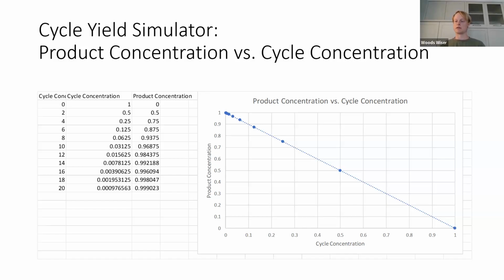So for any given cycle, once I encounter it in the mechanism, I do 20 iterations of it. I take the concentration within the cycle and outside of the cycle at 10 and 20 iterations to extrapolate what the product concentration will be once everything has left the cycle.